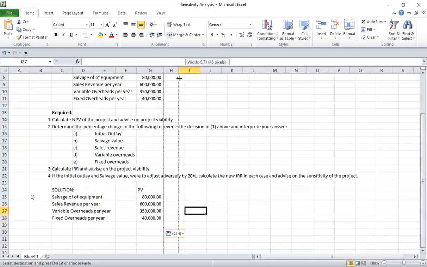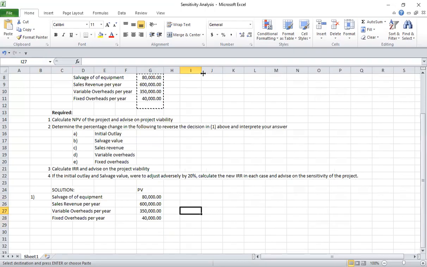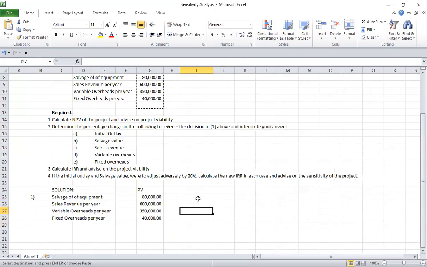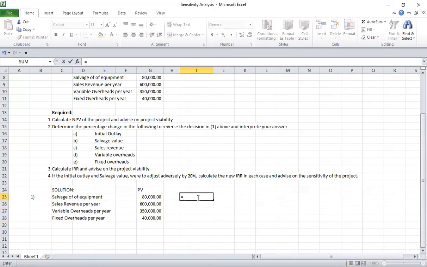Yes. The figures which we had computed, let me just go through them very quickly. This one was PV in bracket, the rate was 15%, NPER was 3 years, comma 0, comma negative this one. So that's what we got.